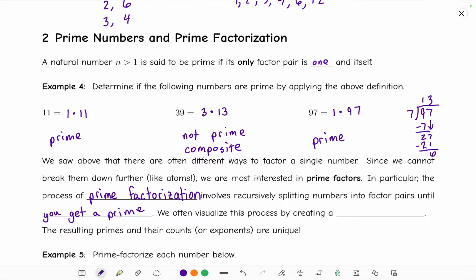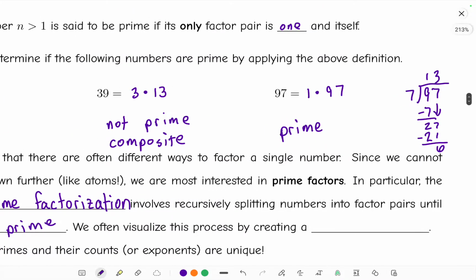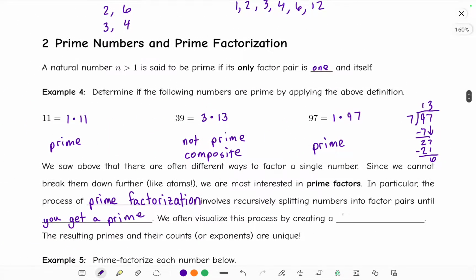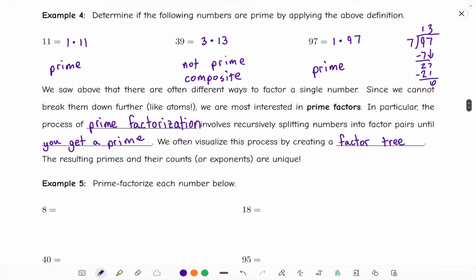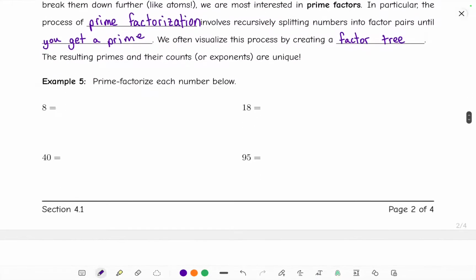We often visualize this process by creating a factor tree. The resulting primes and their counts or exponents are unique.